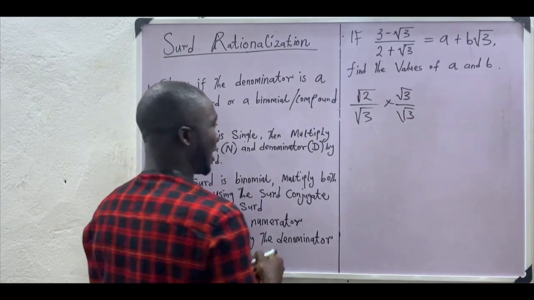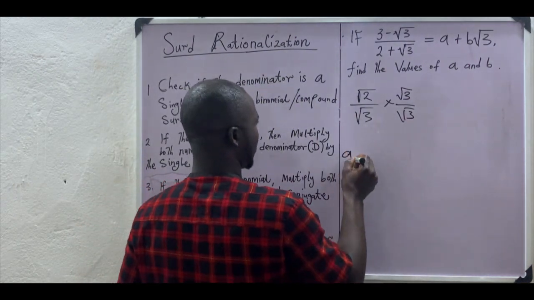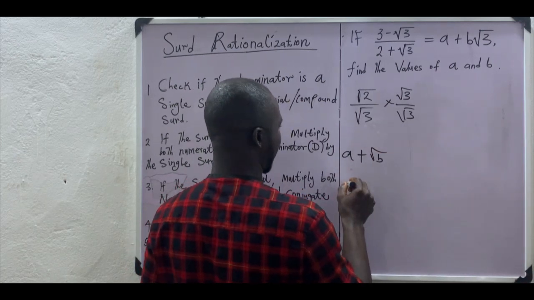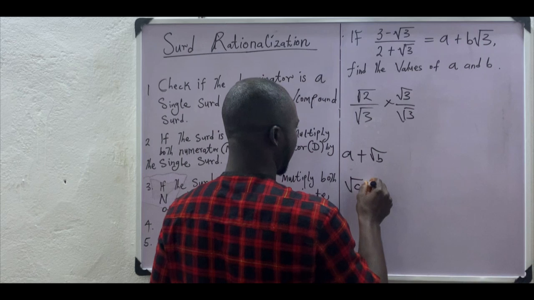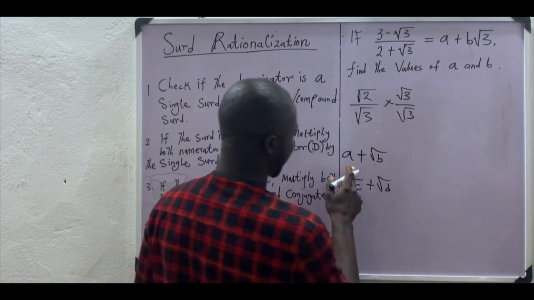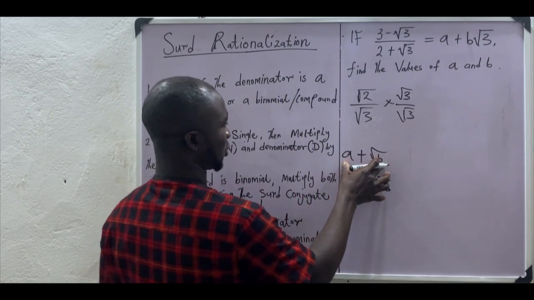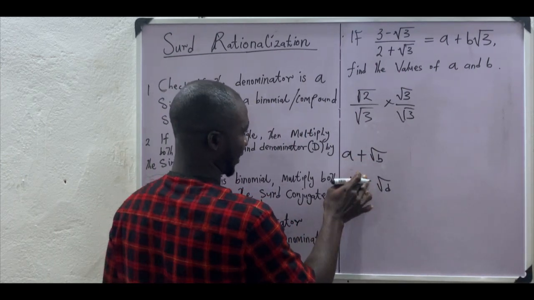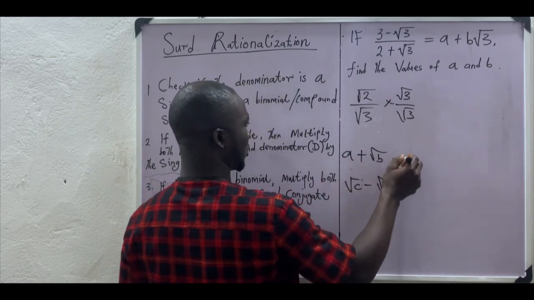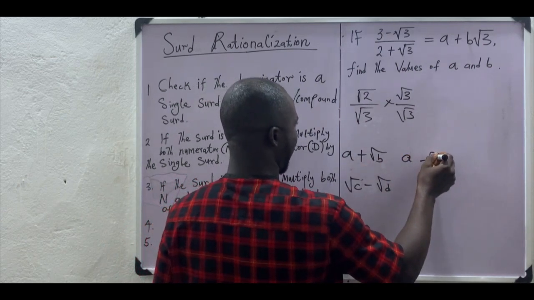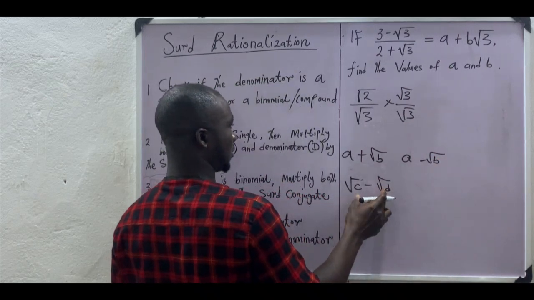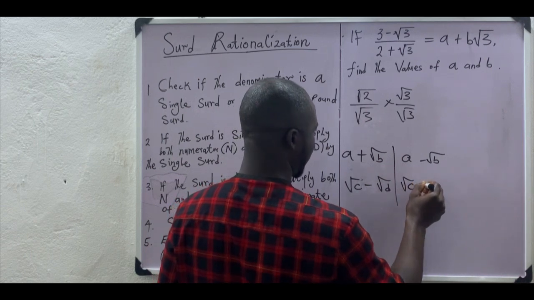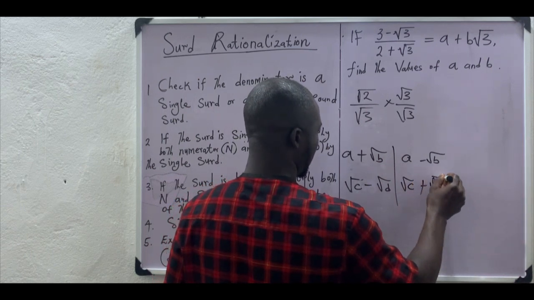If, for example, I have a binomial surd a plus root b, or another surd root c plus root d, then the conjugate of this binomial surd is this same binomial surd but with a change of sign. That is to say that the conjugate of this will simply be a minus root b, and then the conjugate of this will simply be root c minus root d.